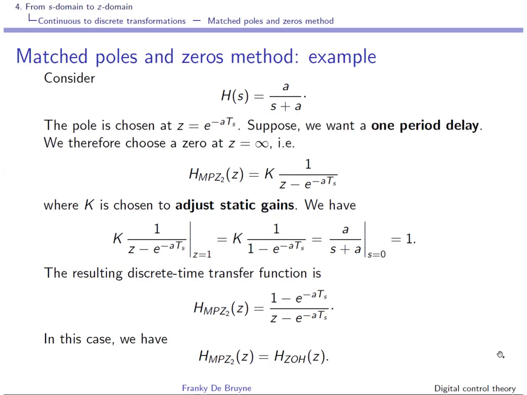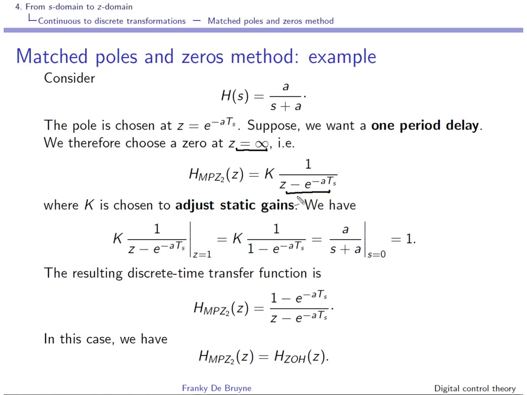So in this method used by Matlab, all zeros at infinity are replaced by a zero at -1 except 1, but of course here we only have 1 zero at infinity, so it will be replaced here by a zero at infinity. For the pole we do exactly the same thing.